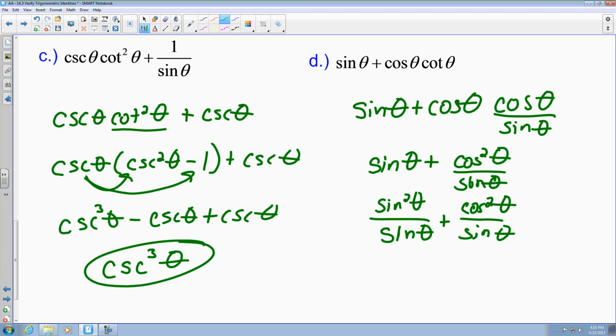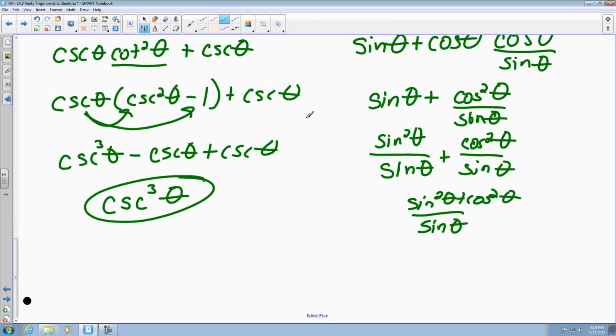Now when I combine them, I have sine of theta on the bottom, and then I got sine squared theta plus cosine squared theta. Well, back from our trig identities, this gives my numerator a value of 1 divided by the sine of theta. And 1 over sine of theta ends up being cosecant theta.